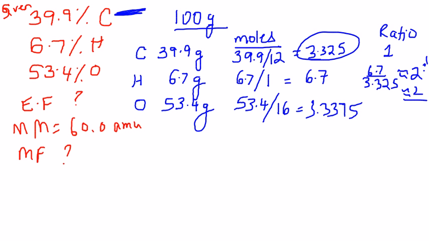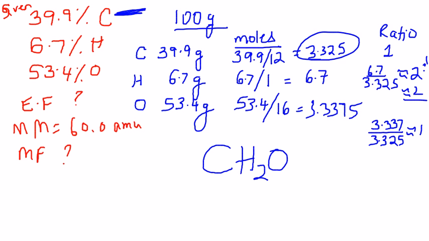We are good with that. 3.3375 divided by 3.325 should be approximately equal to 1. So sounds like my formula will look like CH2O.